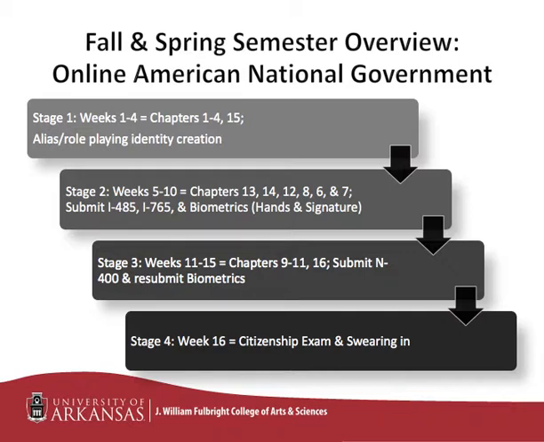Now, within the American National Government course, we have the objectives that we typically have. Learning about the fundamental attributes of the U.S. political system, including the Constitution, federalism, government institutions, linkages between the public and government, and public policy outputs.